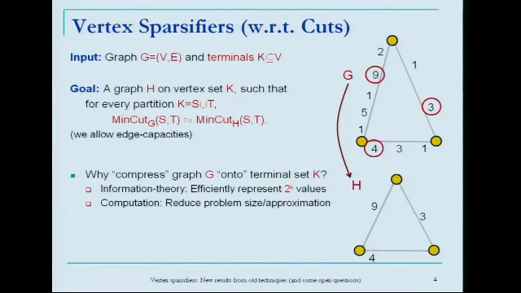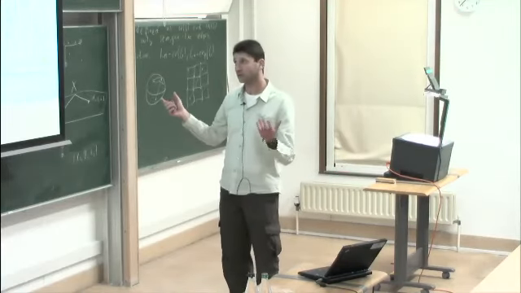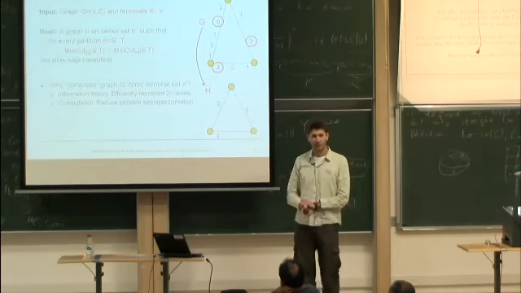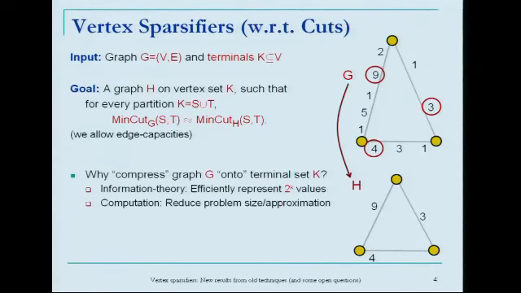All the partitions of the set K into this S and T. So maybe it's possible to compress all these 2 to the k values into one graph of size k, which means like k or k squared edges, right? So it's a much shorter, succinct representation of all the cuts. This is just compressing the information.